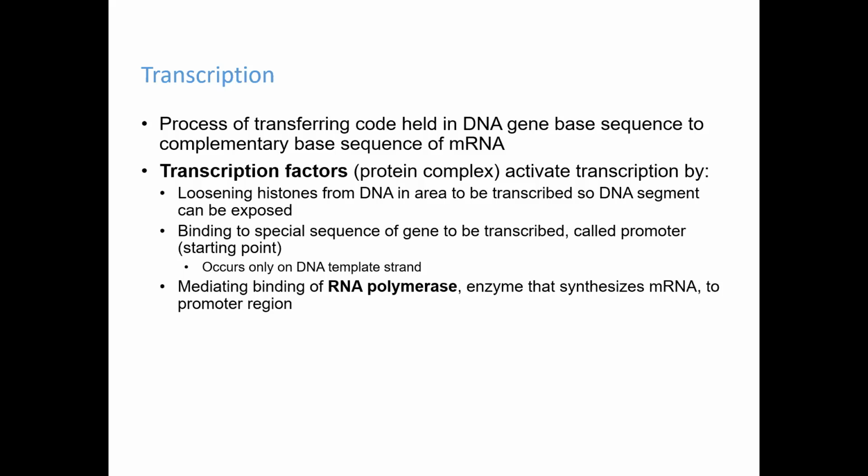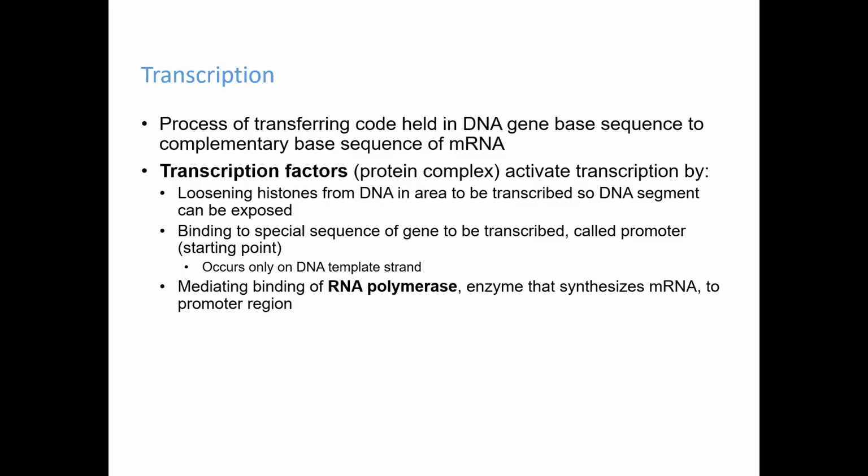So how do we transcribe? First we have to pull the DNA off of the histone. The DNA and the histone have to separate. So we have the DNA strung out by itself, and that exposes the gene. Then we have to find the starting point.